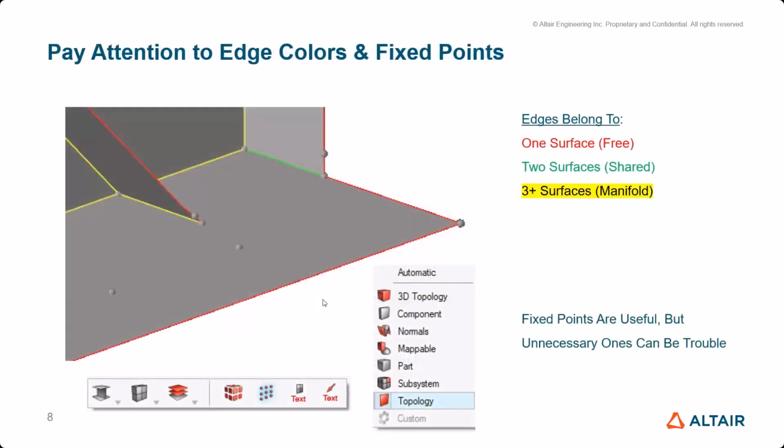All right, the next thing I wanted to mention, for those of you that have been around in HyperMesh for a while, you're pretty familiar with these options. They're in a little bit different places now in the new user interface, but these are both invocable from the visualization toolbar down the bottom of the graphics area. So you can switch to topology mode.